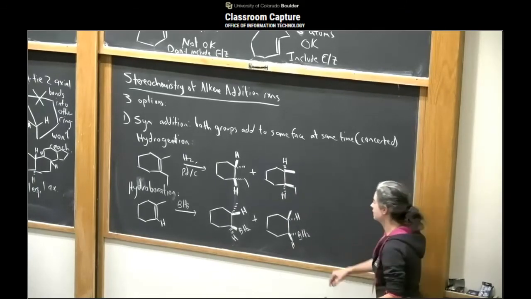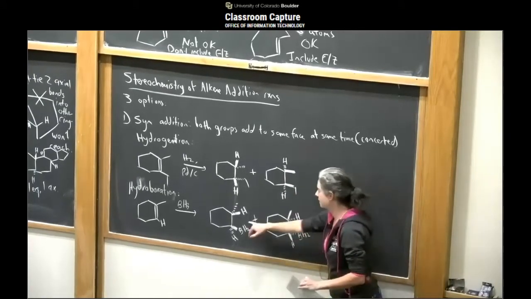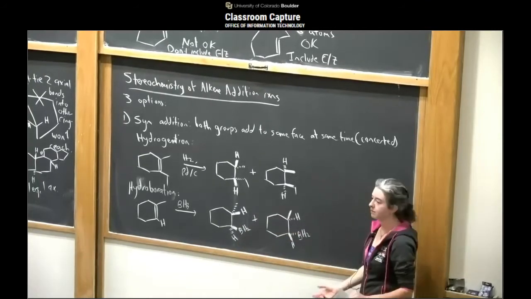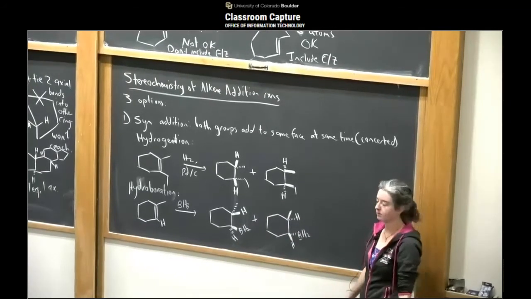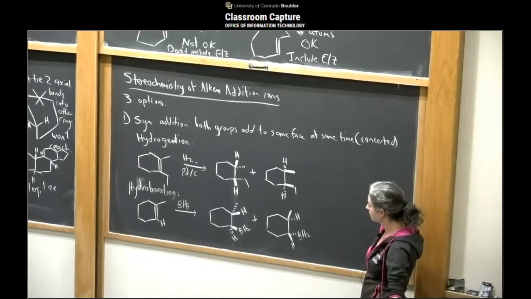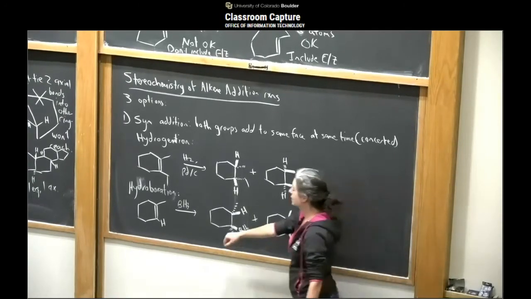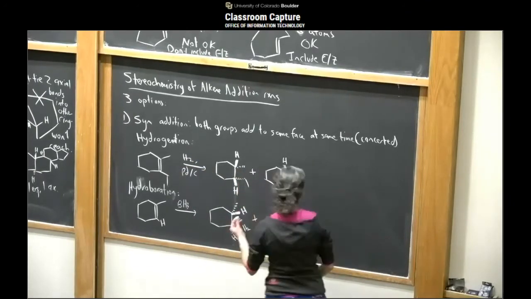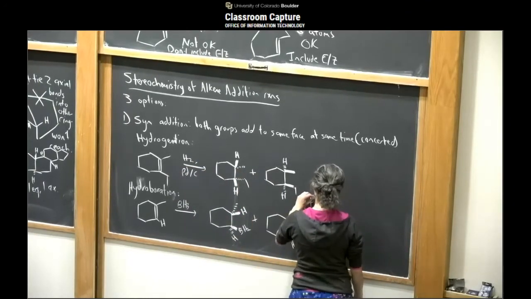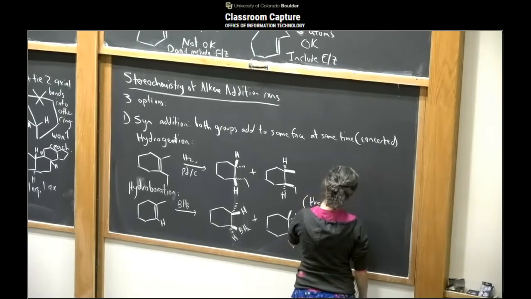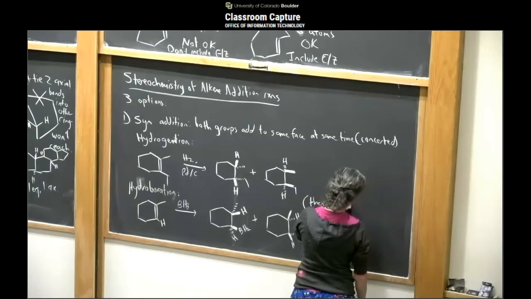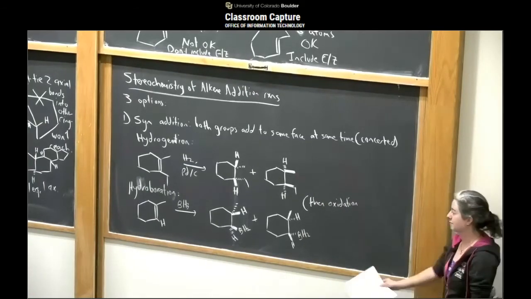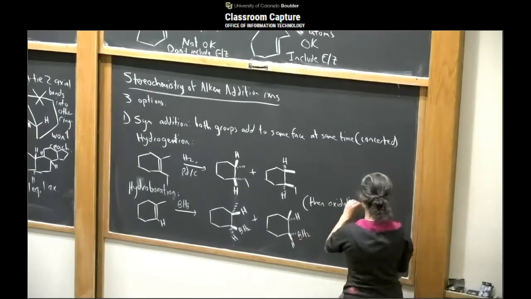So note that we're still doing anti-Markovnikov style addition. Boron is still going to the less substituted carbon, just now we're adding in another layer of detail there as to which direction it's pointing. Okay, so I mentioned that hydroboration is one example of a syn addition. It turns out that the oxidation step that happens afterwards is going to what's called retain the stereochemistry that we just made.